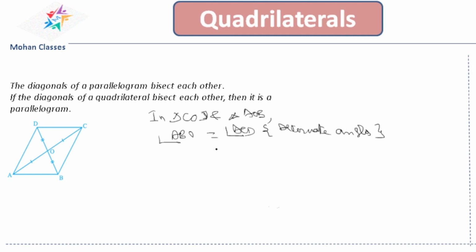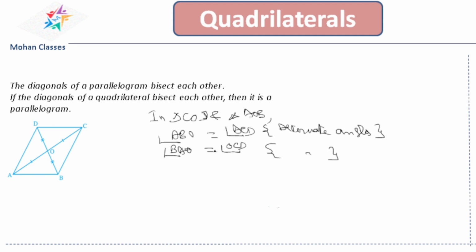And then angle BAO is equal to angle OCD. This is also an alternate angle.